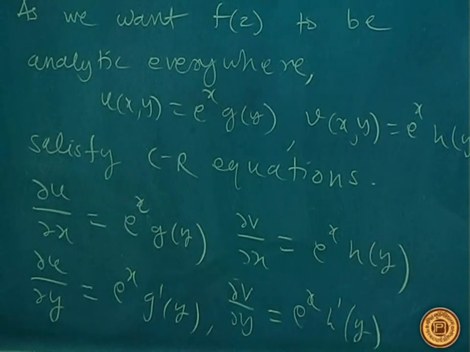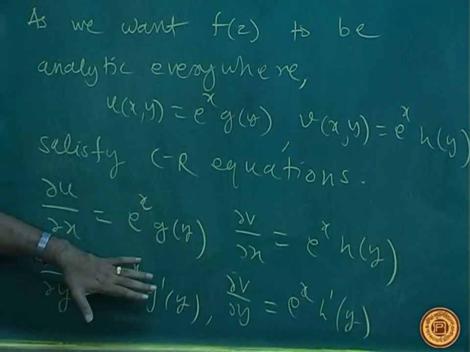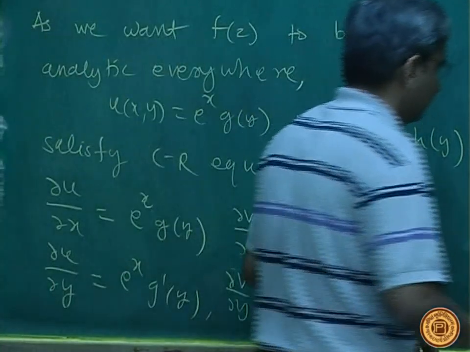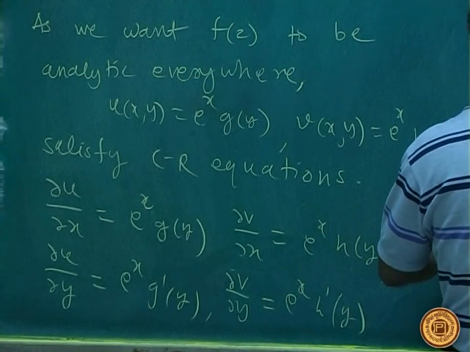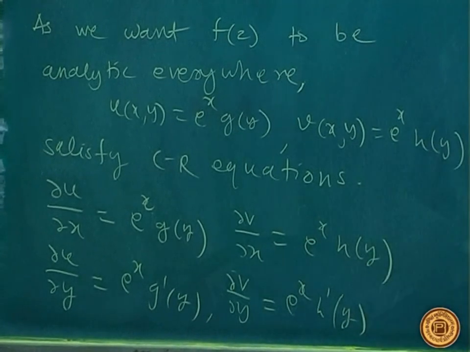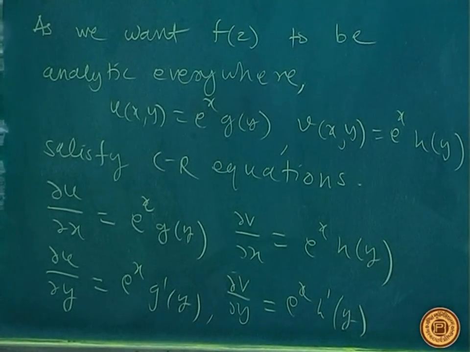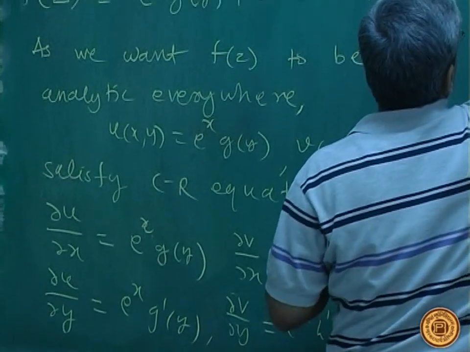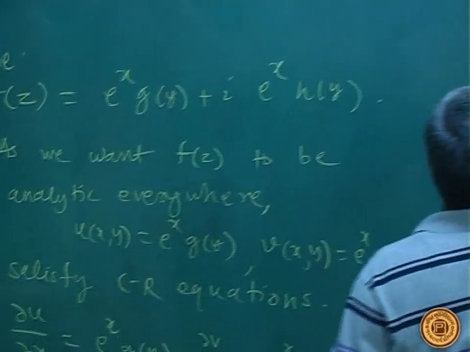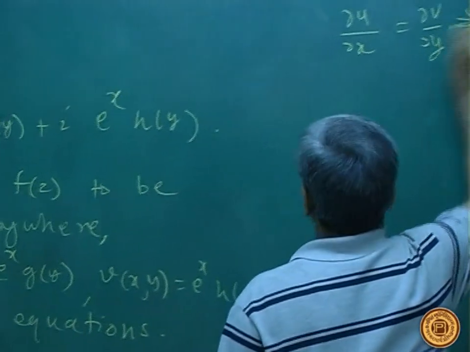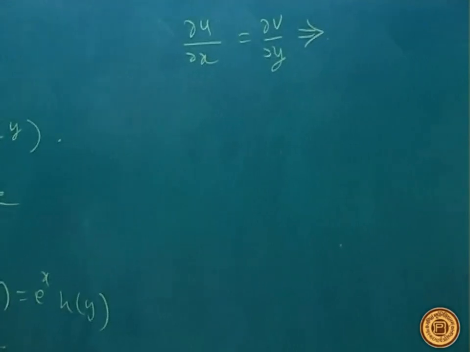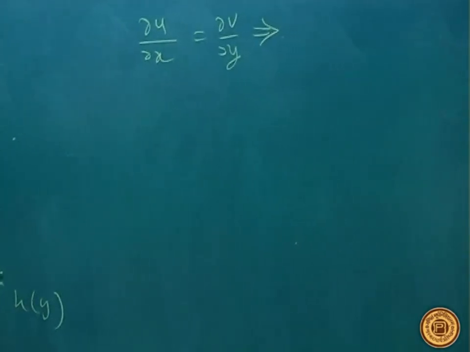Now what are our Cauchy-Riemann equations? ∂u/∂x is equal to ∂v/∂y. So I will write that. ∂u/∂x equal to ∂v/∂y gives e^x g(y) = e^x h'(y).